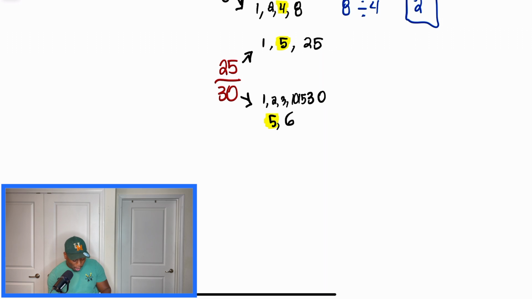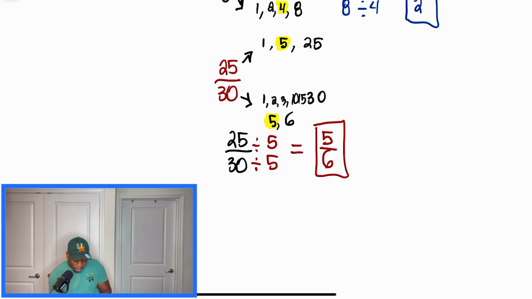So I rewrite my problem again. Once we rewrite it, we divide the top and bottom number by 5 so that we can simplify the fraction. Once we simplify, we get a final answer of 5/6. You will know that you're done simplifying the fraction when we cannot divide the top and bottom number anymore by the same number.